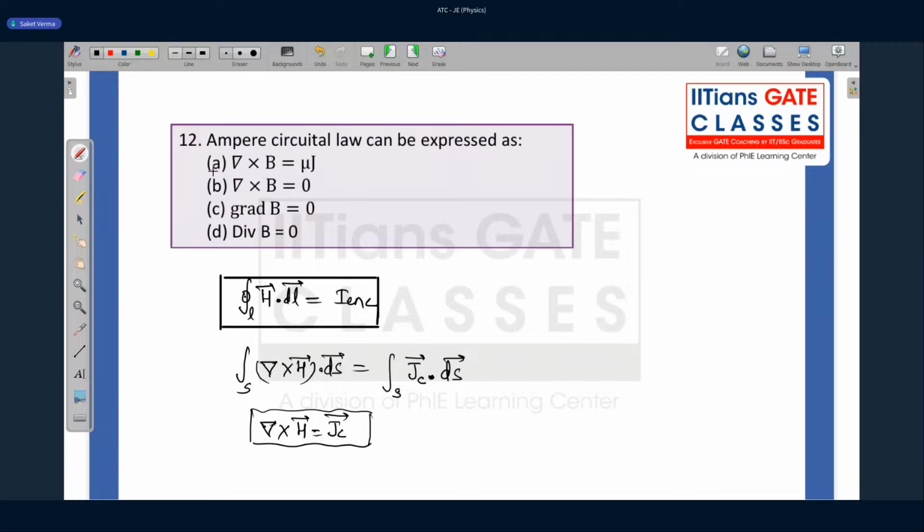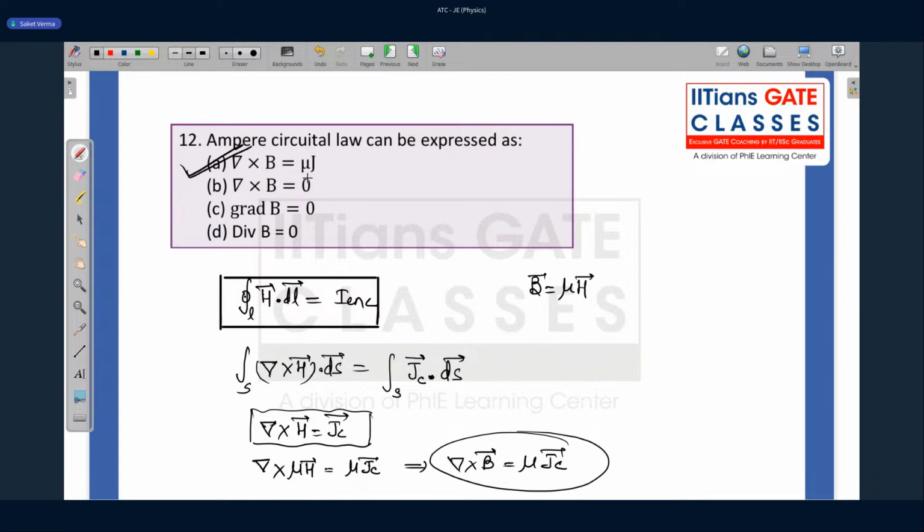But because here it is written in the form of B, we should also know that B is equal to mu into H. So we multiply mu on both sides. We get mu into curl of H, and here it is mu into JC, which gives curl of B equals mu into JC. That is your answer, which is option A. So the Ampere circuital law is based on the Maxwell equation.